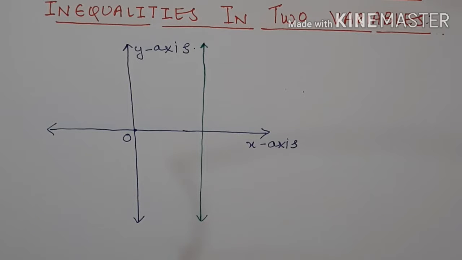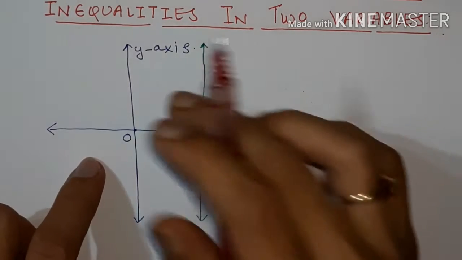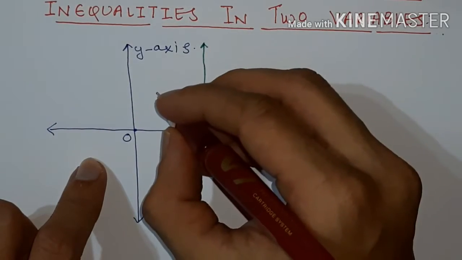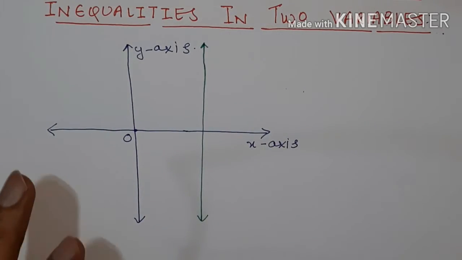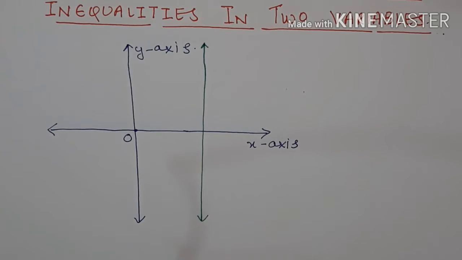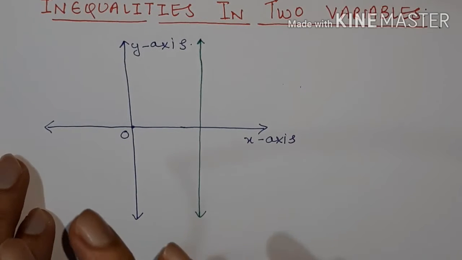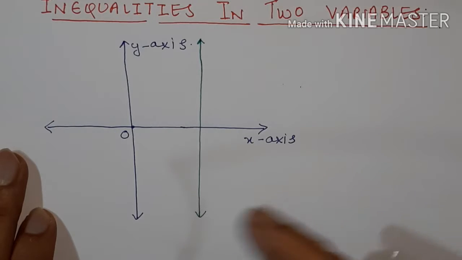The first region here is called the left half plane, because this line divides the coordinate axis into two halves.